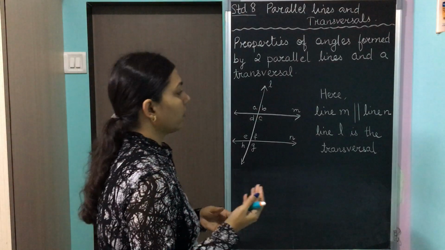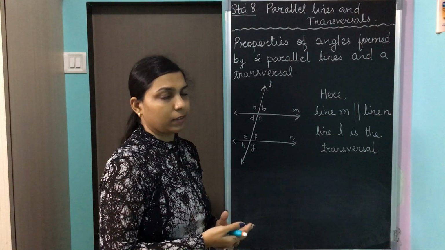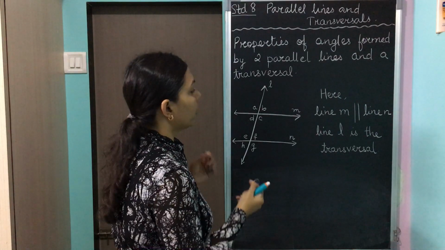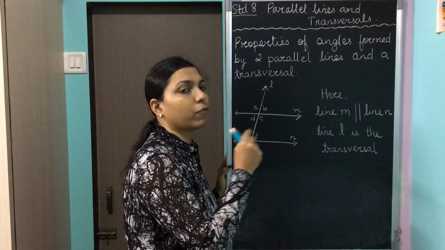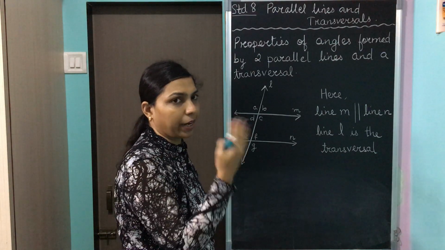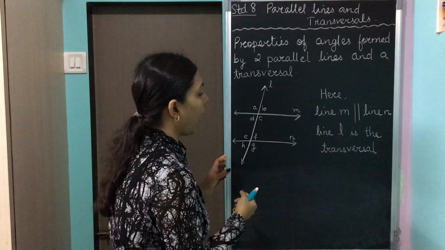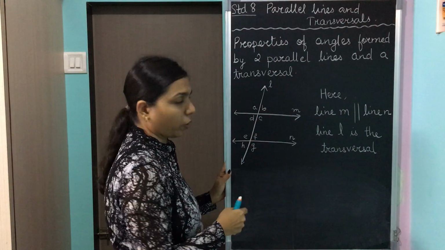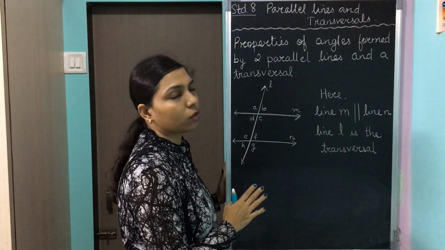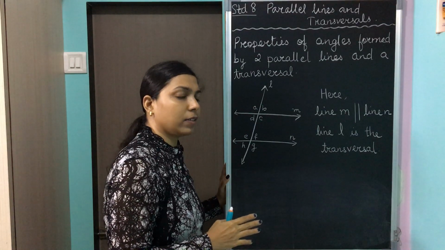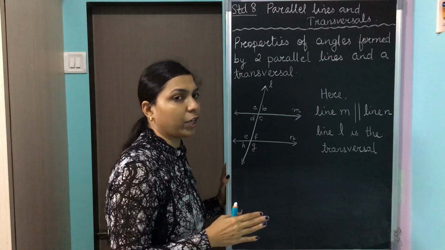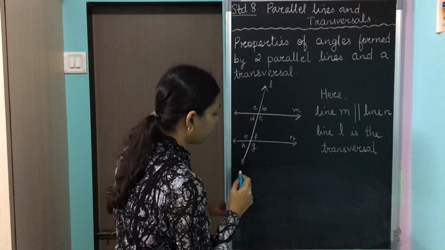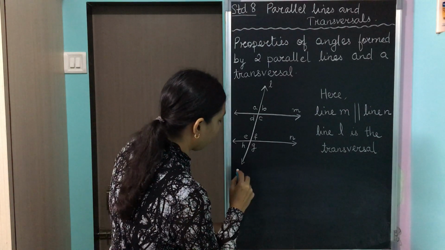As I said, there are interior alternate angles and exterior alternate angles. The interior alternate angles will form a Z formation and an inverted Z formation, and your exterior angles are the two extreme angles. In this case also your alternate angles will be of the same measurement, they will be congruent. So we'll write down the pairs of alternate angles which are formed.